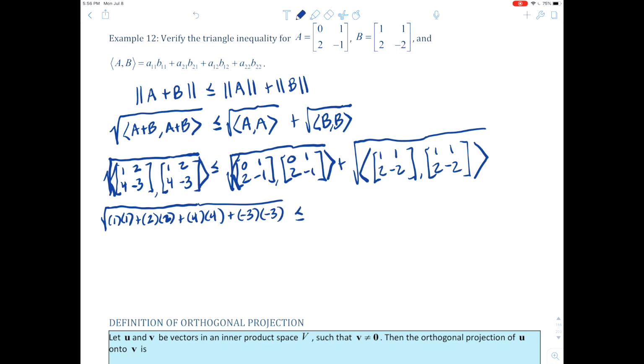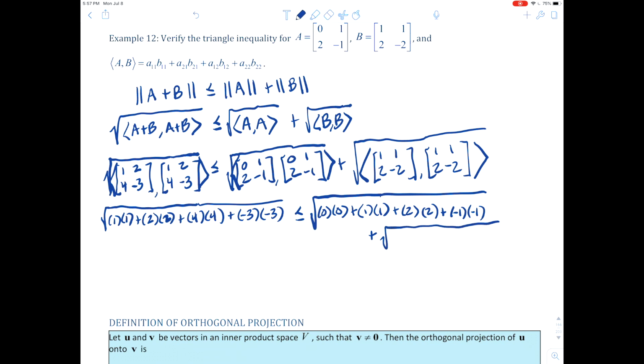That's got to be less than or equal to the square root of 0 times 0 plus 1 times 1 plus 2 times 2 plus negative 1 times negative 1. And then this one will be, it's down here, plus the square root of 1 times 1 plus 1 times 1 plus 2 times 2 plus negative 2 times negative 2.